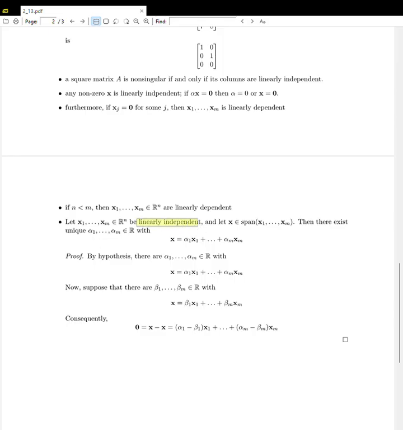By definition of linear independence, you have to have that all of those scalars are equal to 0. That's literally just the definition of linear independence.